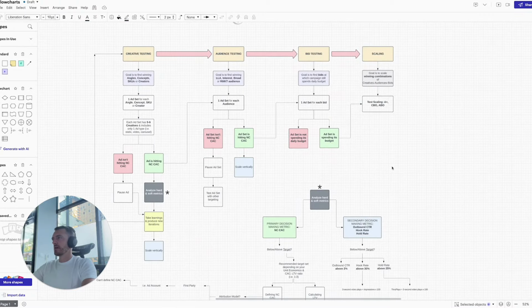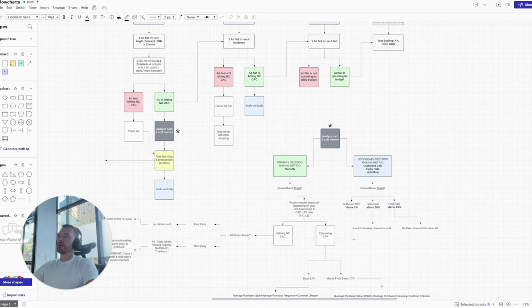And these are usually also useful for, let's say, you're running a new iteration test, testing new hooks, and you can see that, for example, the hook rate is very strong, but then the hold rate isn't holding up, and that means that you need to work on your lead body of the video.